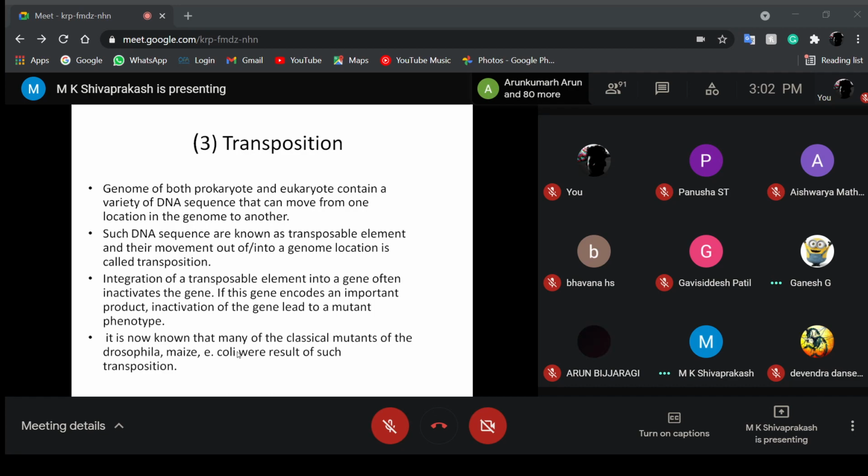And of course, transposition can be considered among the biological mutagens. So you have physical, chemical, and biological mutagens. Many of the classical mutations of Drosophila, maize and Escherichia coli were the result of such transposition.